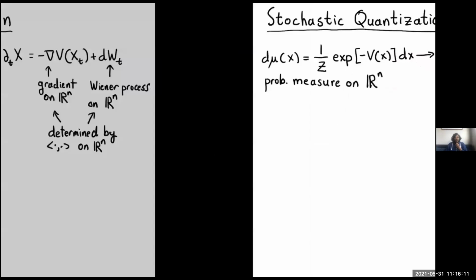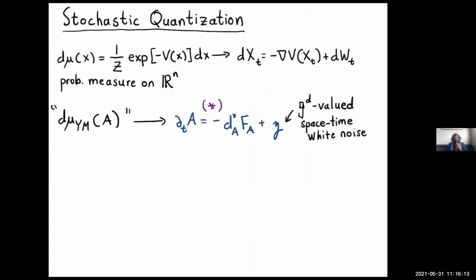So if we look at the Yang-Mills measure and formally proceed along the same lines, we would get this sort of equation, basically just differentiating the action in the same way. Here the equation is driven by a g-valued space-time white noise.